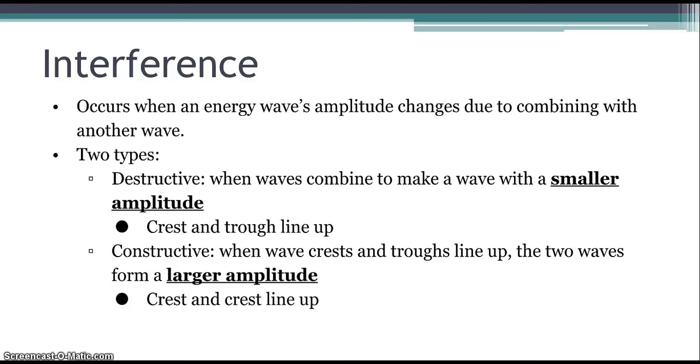So first, let's talk about destructive. Destructive interference is when waves combine in a certain way, which we're going to talk about in just a second, where the effect is a smaller amplitude. Now, if you remember from our first set of notes, amplitude signifies how much energy the wave is transferring.